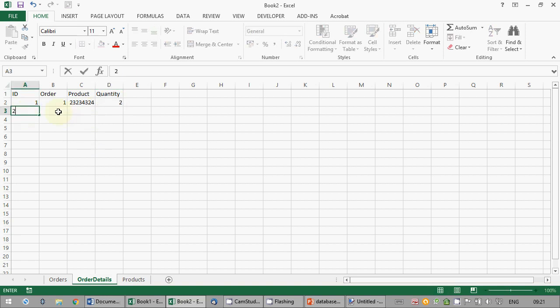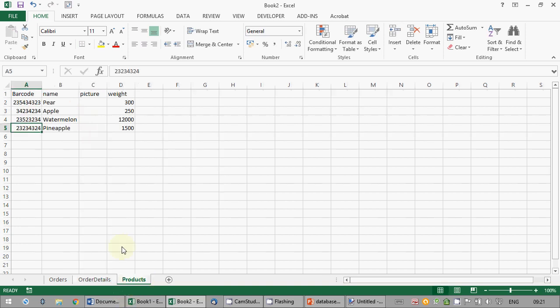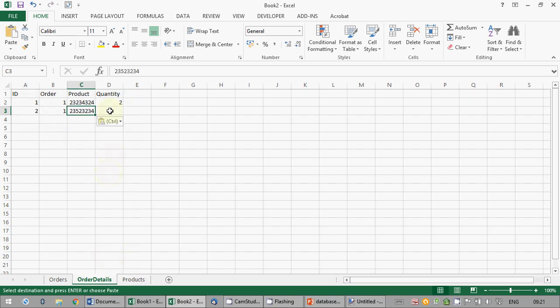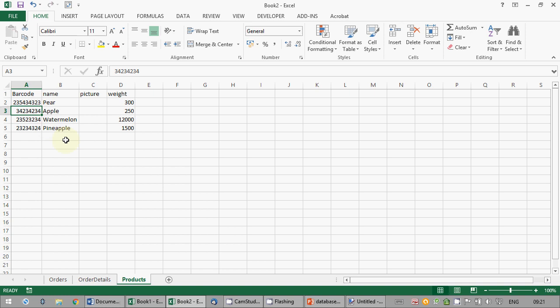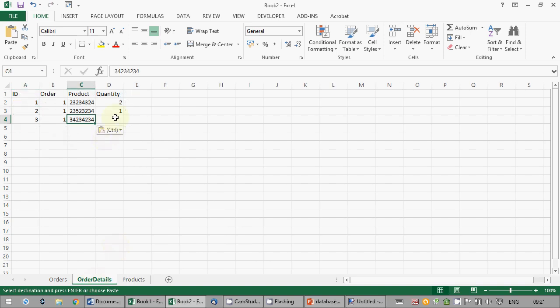Then ID 2, order still number 1 because it's still my order. I would like to buy a watermelon. Quantity 1. ID 3. Order 1 because it's still my order. I would like to buy 20 apples. 20. Okay. So this table works like this.